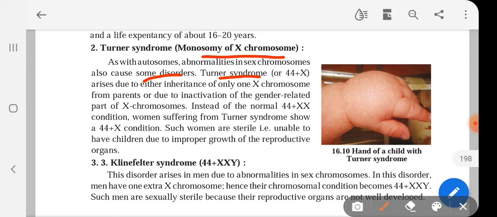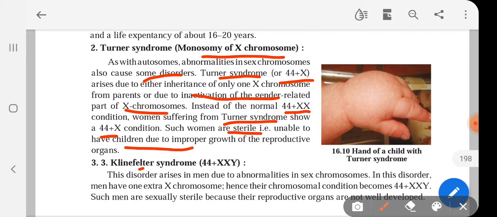Turner syndrome is 44 plus X. It means 45, that is, one X chromosome is less in this case from parents due to inactivation of gender related part of X chromosome. Instead of normal, women suffering from Turner syndrome show only 44 plus X condition. Such women are sterile, that is, unable to have children due to their improper growth.